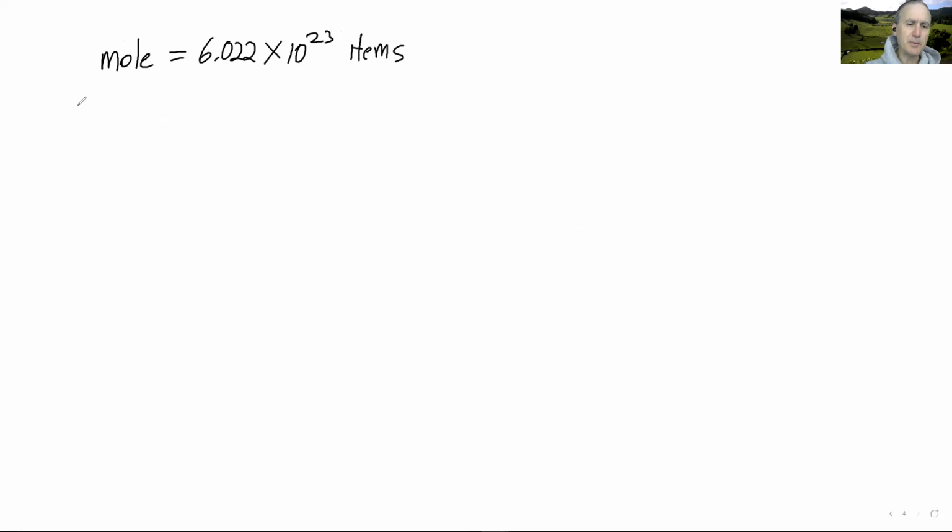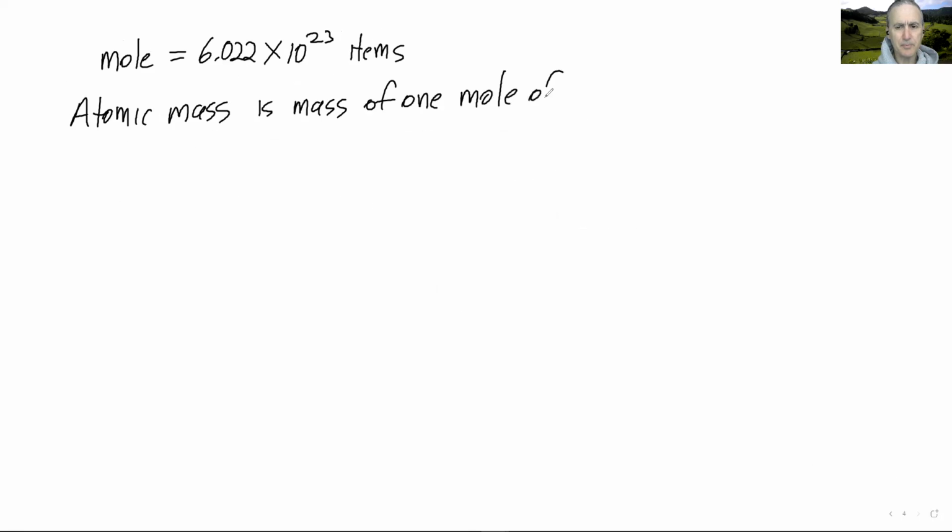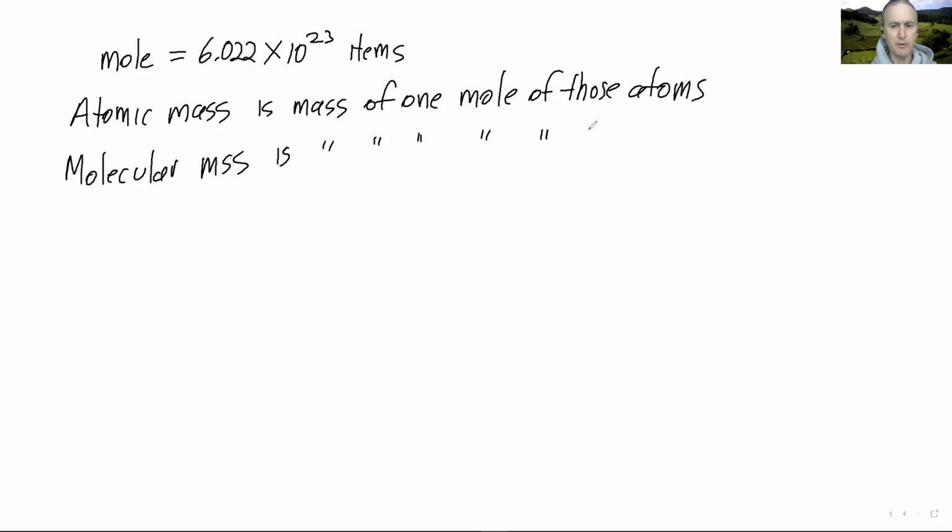And then we know that the atomic mass of something is the mass of 1 mole of those atoms. Right? Okay, and then we could talk about the molecular mass is mass of 1 mole of those molecules.